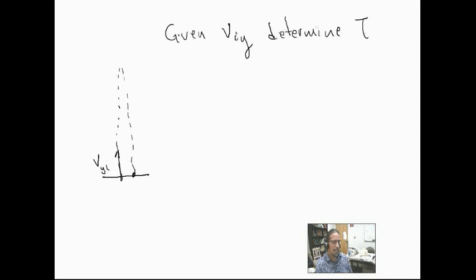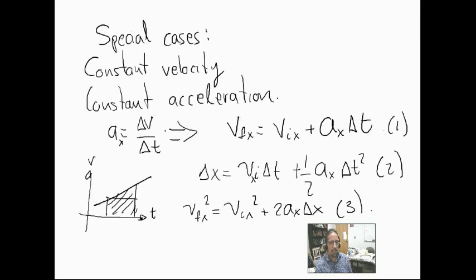So we look again at our equations, and this is not too hard. We can actually solve it in a couple different ways. We can use equation number 2 because we do know the initial velocity, we know what delta y is. It's just a quadratic equation.